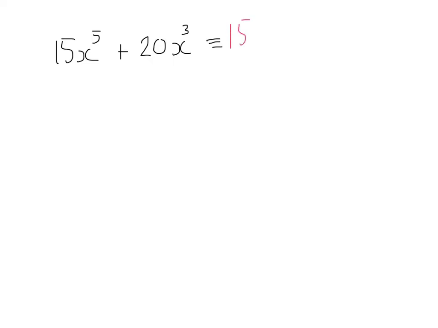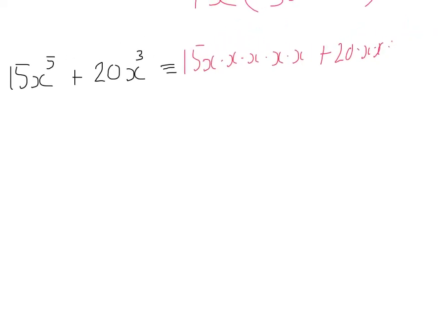So we'll have 15x times x times x times x times x, and then add 20 times x times x times by x. So now on the next line, I'm going to try to find the biggest number that will go into both 15 and 20. In this case that's 5.